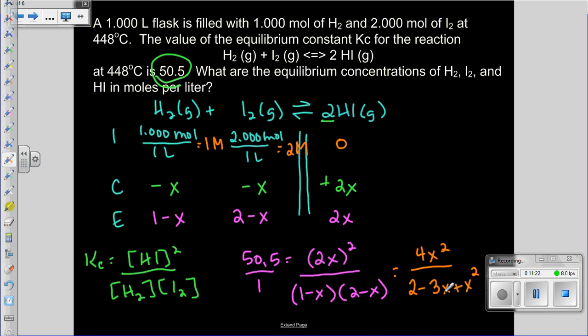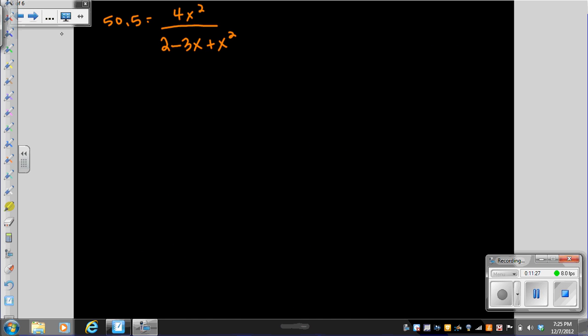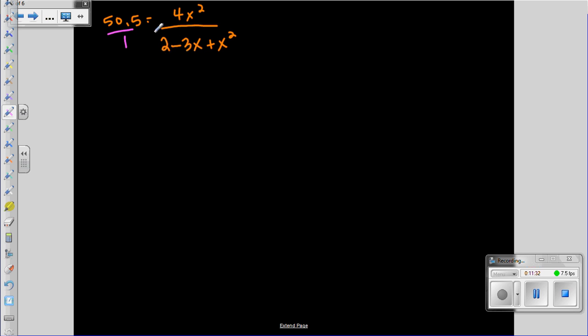So what we want to do is take this, and I'm going to put it on the next slide. Okay, so the 50.5 is like it's over 1, so I'm going to cross multiply. So I will get 4x squared equals 110 minus 151.5x plus 50.5x squared.